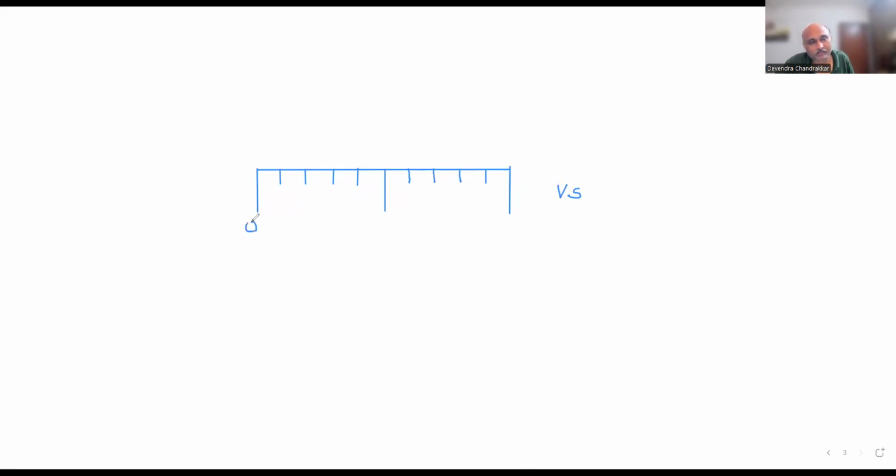VS is vernier scale. This is 0, 5 and 10. So 10, every division is called, this is one vernier scale division, right? One VSD.